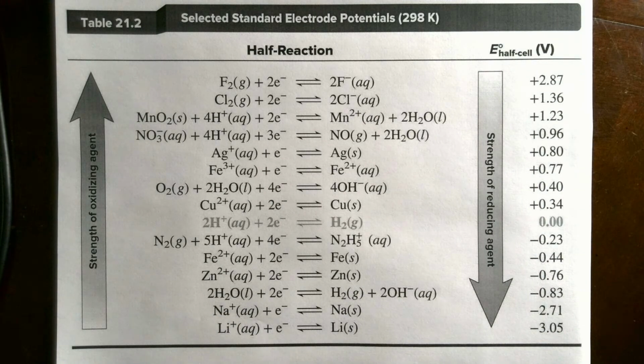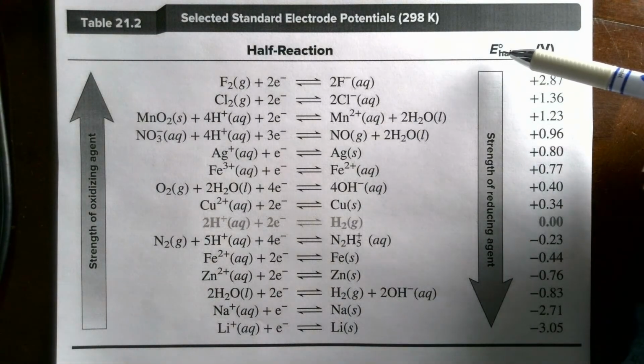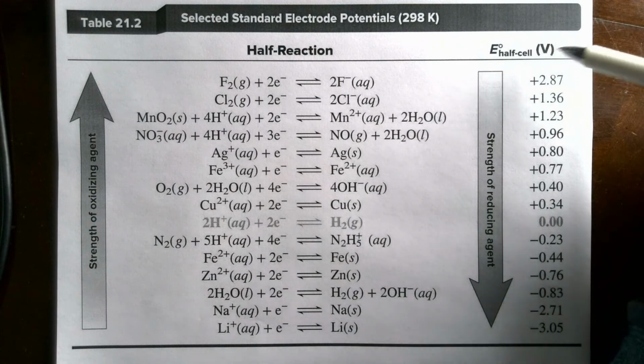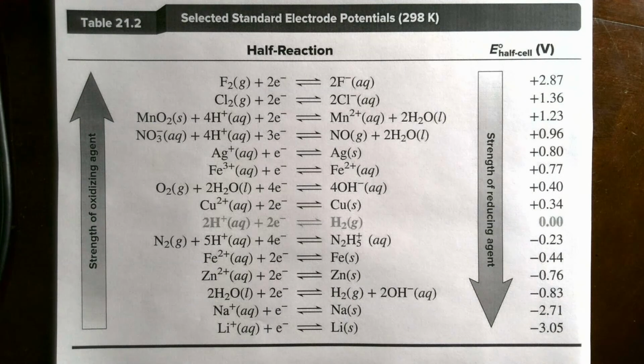And if you look here, here's a chart of standard reduction potentials. It's going to give us what we're going to call the E0, the potential of the half cell, of the half reaction, in a unit that we're going to term as volts. We're going to think of volts as an energy unit. At this point, that's all the more I really want you to get out of it, that it's essentially an energy unit. And so this tells us the energy of those different electrons in those different half reactions.